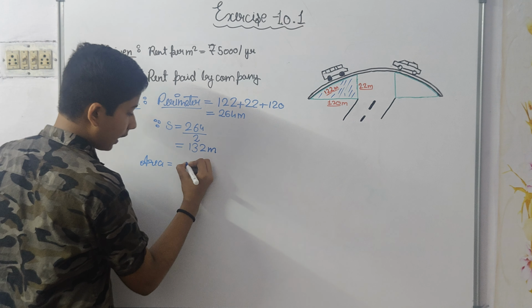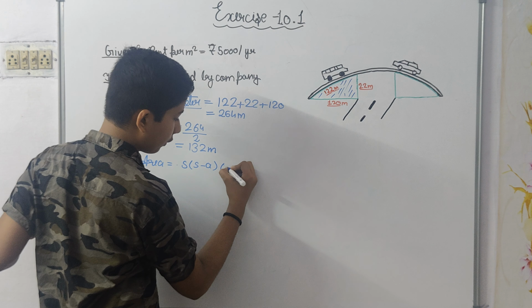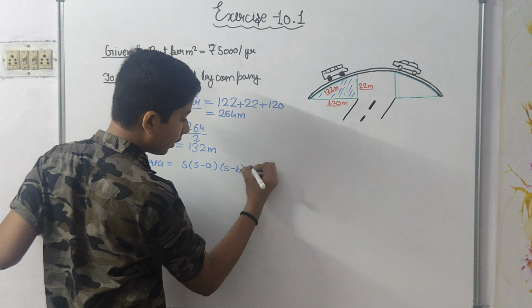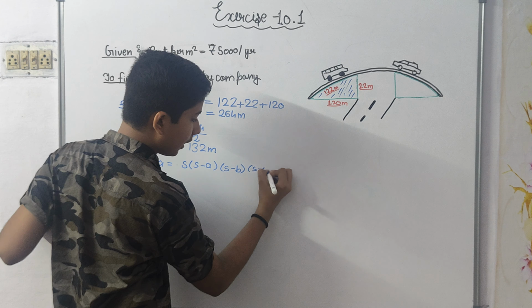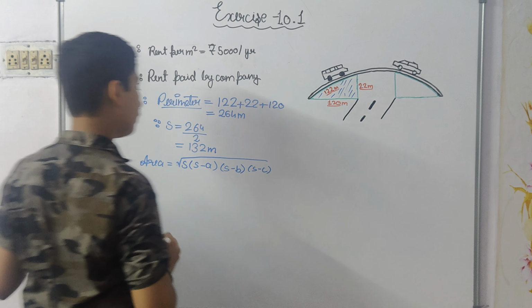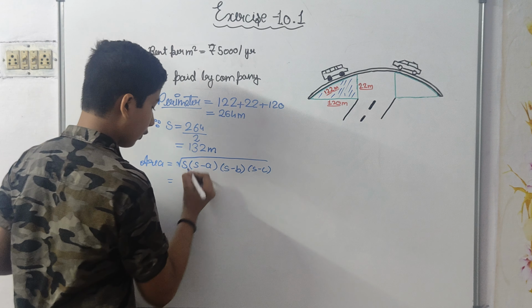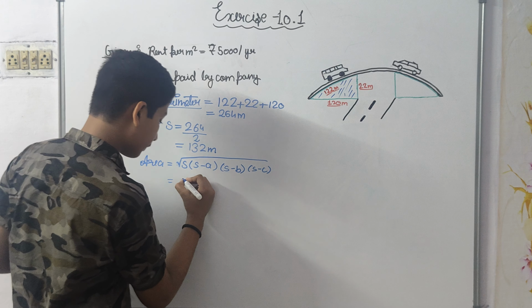Now area equals the square root of S into S minus A into S minus B into S minus C. This whole will be under the root. So S is 132.